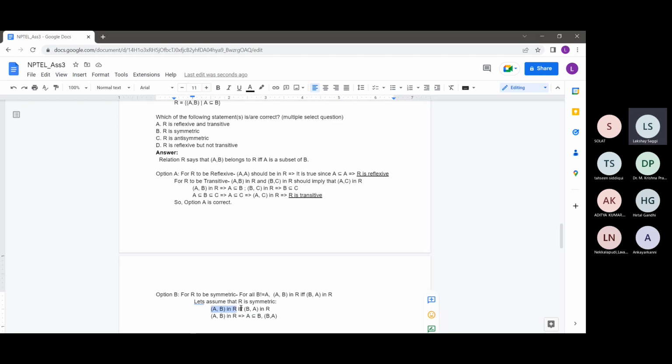And since (A, B) is in R and we have assumed the relation to be symmetric, (B, A) is also in R, and this implies that B is a subset of A. So I've basically written down the definition of these two conditions: (A, B) in R means that A is a subset of B, and (B, A) in R means that B is a subset of A. Right, guys?